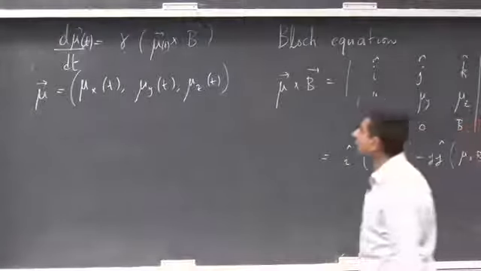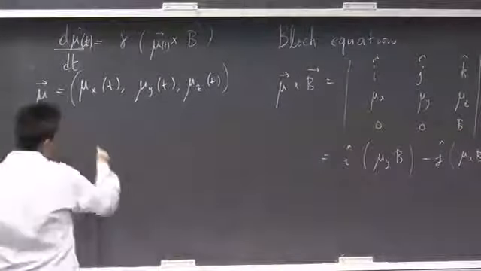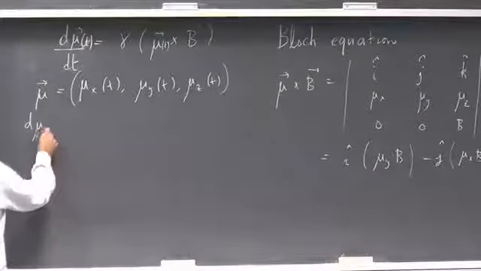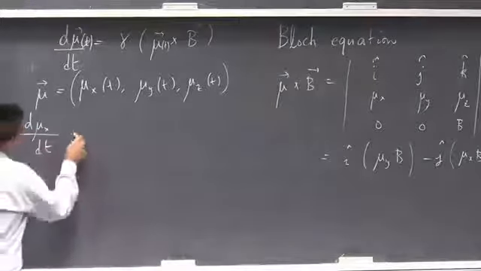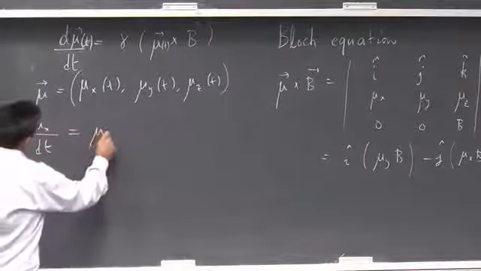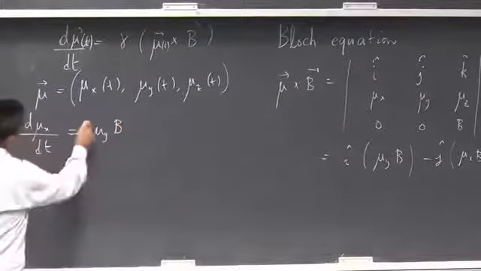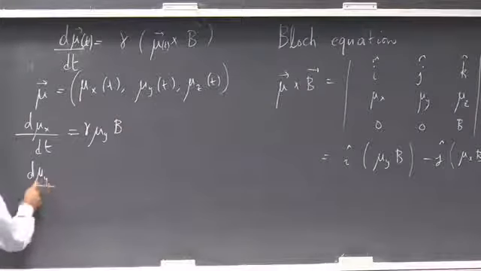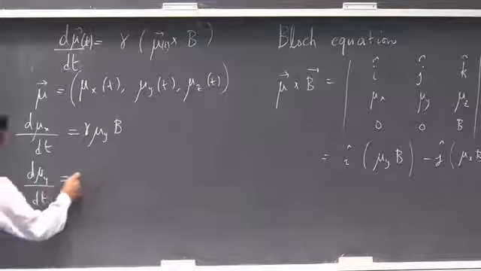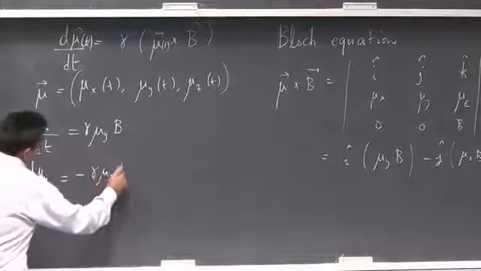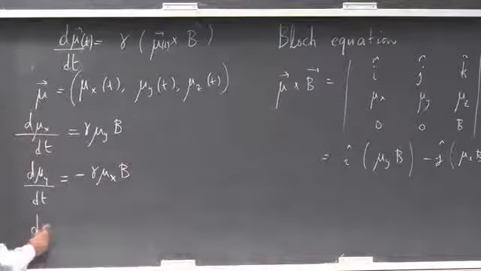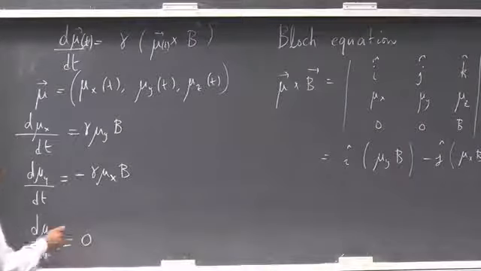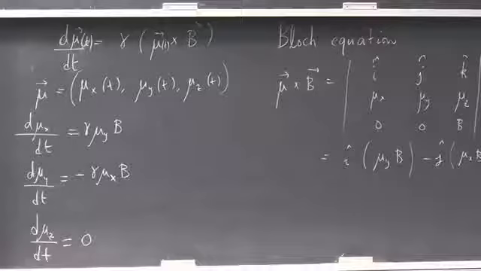So the torque really, or d mu by dt, is given by this, which means that d mu x by dt is given by gamma mu y b, d mu y by dt is given by minus gamma mu x b, and d mu z by dt is given by 0. So which one of these equations is the easiest to solve?